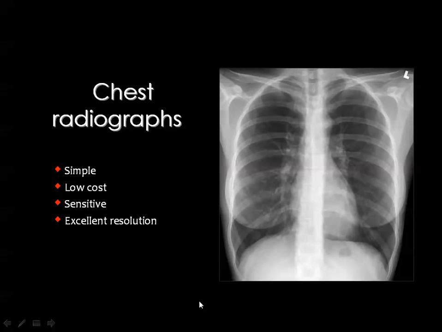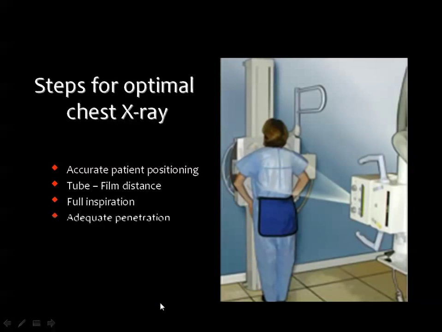And as you all know, the chest x-ray is a very simple radiographic technique and is of relatively low cost. Meanwhile, it is relatively sensitive, providing excellent resolution and good differential diagnosis for most of the intrathoracic lesions.